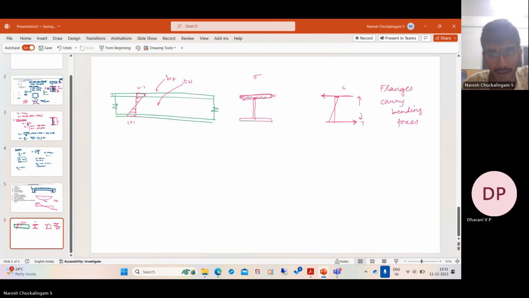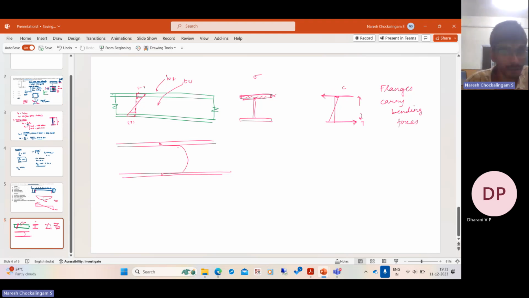And if you take the shear distribution as I drew at that time, it has a distribution like this because of the factor of 1 by b in the denominator. The web carries much of the shear force.